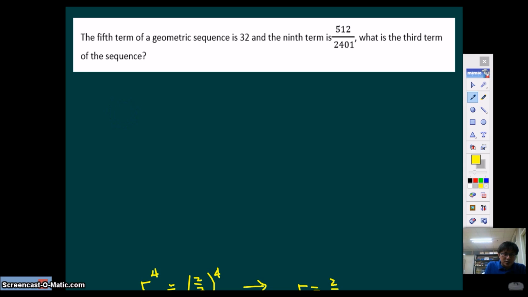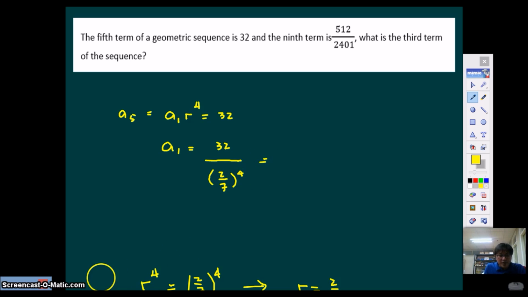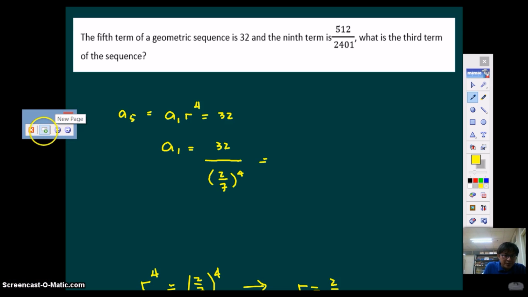So since the 5th term a sub 5 is equal to a sub 1 times the common ratio to the 4th, and it's equal to 32, then the first term is simply 32 divided by the common ratio raised to the 4th power, or simply 2 over 7 raised to the 4th power. And okay, so let's simplify.